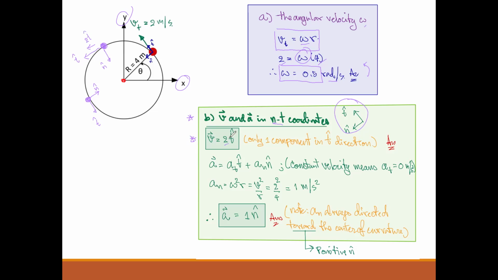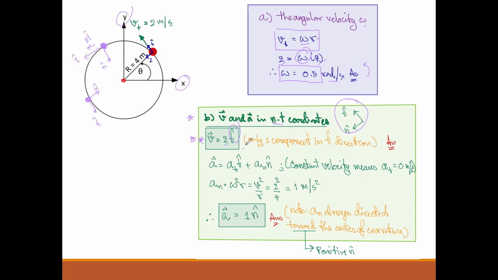The vector becomes v equal to 2 t hat, where t hat represents the unit vector in the tangential direction. That is the first answer, the velocity vector, in normal and tangential directions.